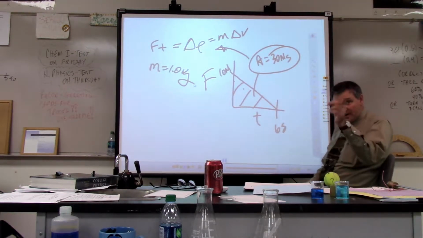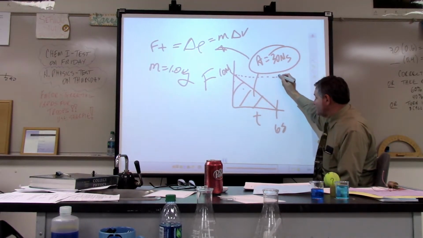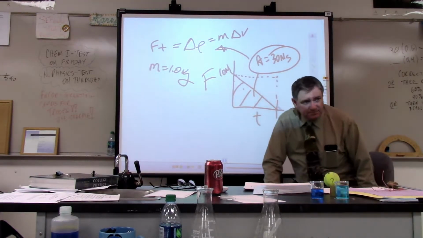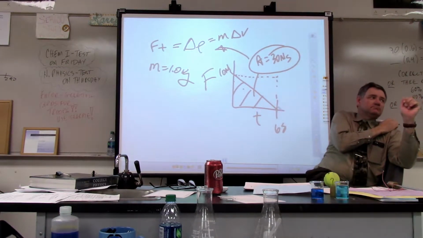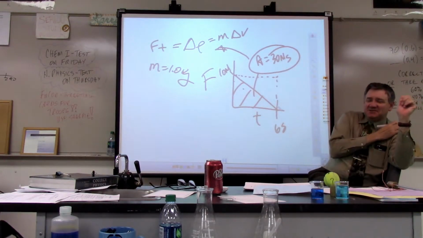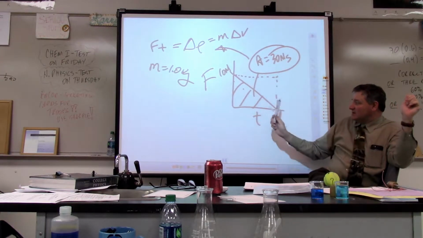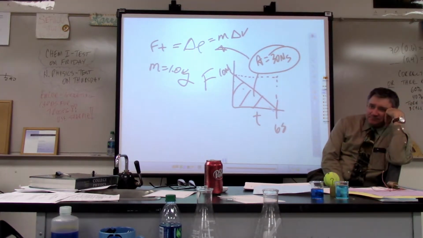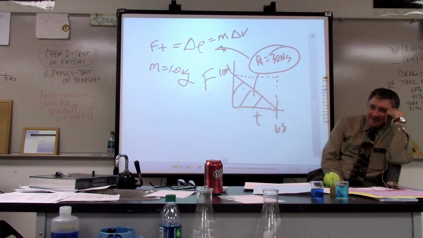Now, what if I applied a constant force of 10 newtons for 6 seconds? Now what's going to happen to my change in my momentum? Brooklyn, what's going to happen to my change in my momentum if I apply a constant force of 10 newtons for 6 seconds? What's it going to do? Increase or decrease?